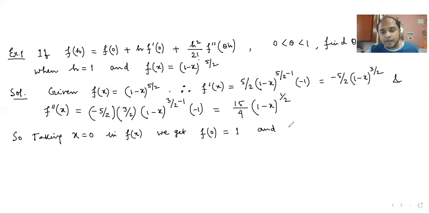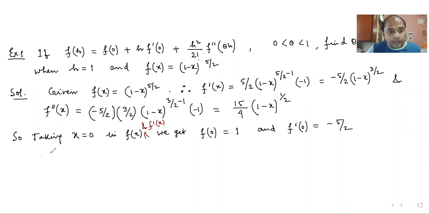And f dash 0, putting x equal to 0 in f(x) and f dash x, we get f0 as 1 and f dash 0 will be minus 5 by 2. Okay, and we need to put theta h. Theta is a real number lying between 0 and 1, so we need to put theta h in the double derivative of the function f(x). Okay, so let us do it.